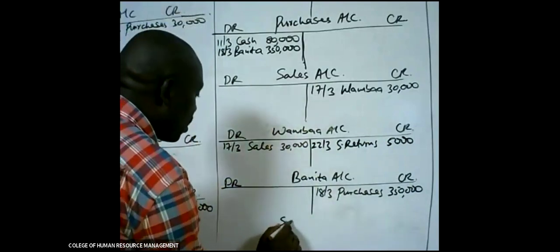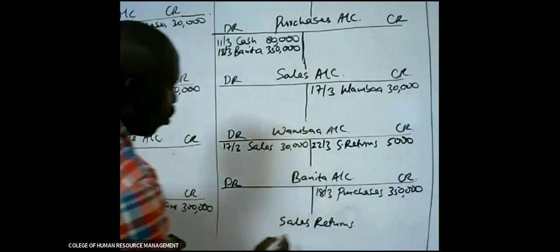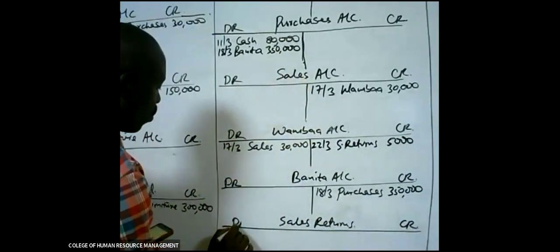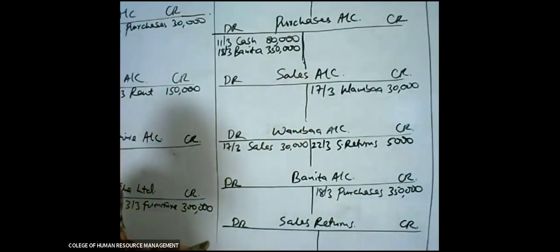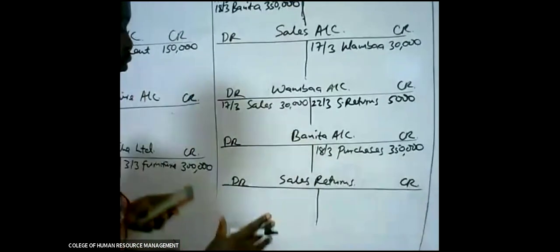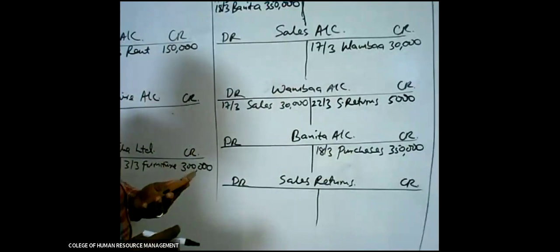Then you will debit an account called sales returns, which is always debited when customers return goods. When customers return goods, we debit those goods that have been returned here, and we credit the customer who returned.